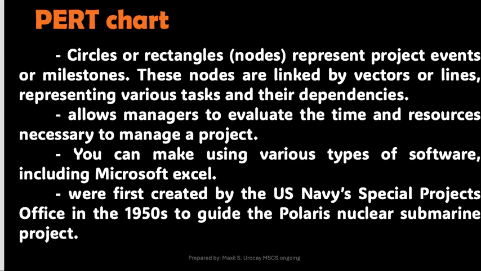These nodes are linked by vectors or lines representing various tasks and their dependencies. This allows managers to evaluate the time and resources necessary to manage a project. You can make one using various types of software, including Microsoft Excel or any programming language.